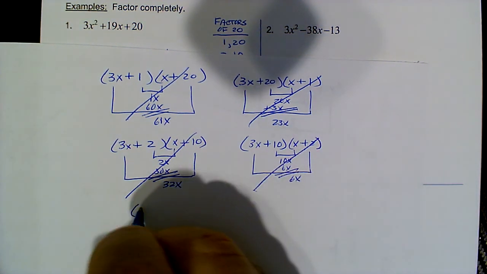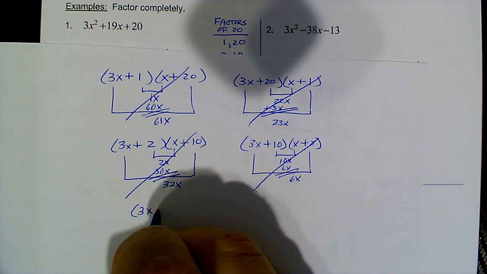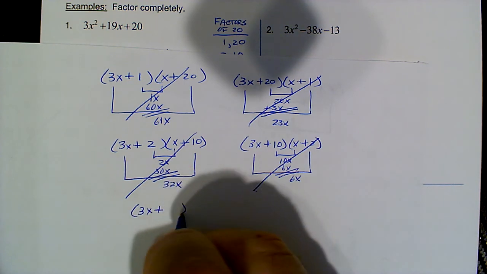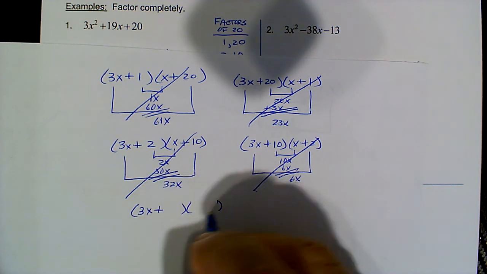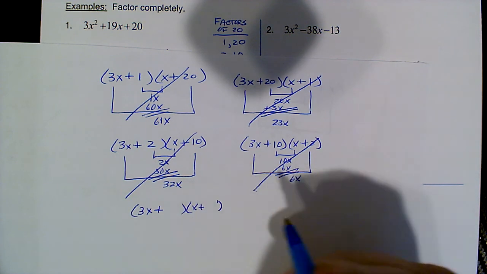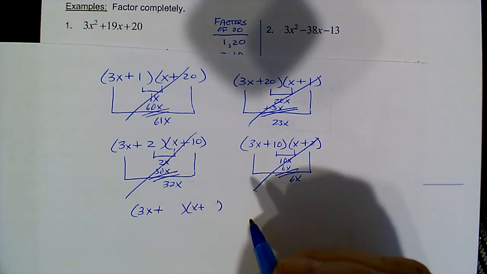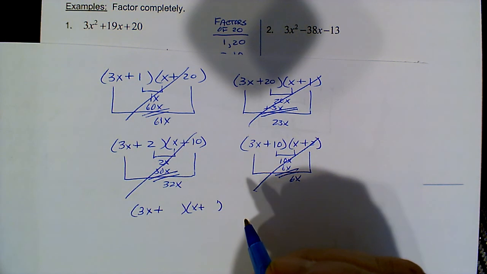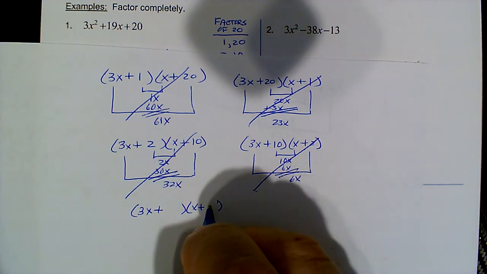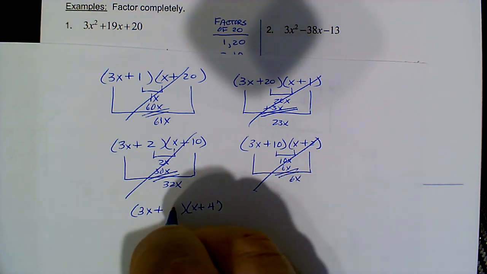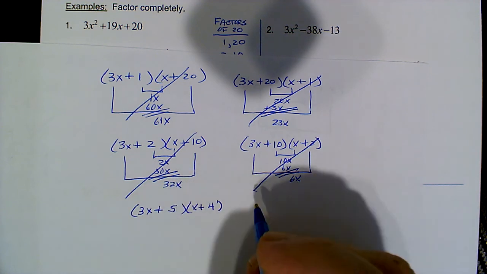So it looks like the only other choices are 4 and 5. So 3x and x, both positive, in between. And let me go with, I want to get it wrong. I'm going to go with the 4 with the x and the 5 with the 3x.